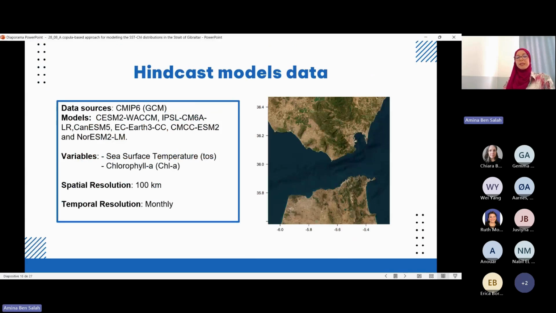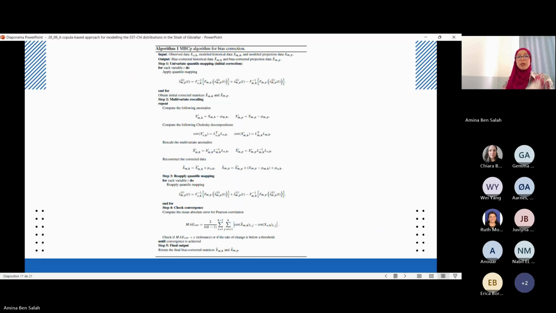Moving on to the second part, here we use six hindcast models to assess climate variability. Monthly SST and chlorophyll-a concentration were extracted at 1 degree resolution. The MBCp algorithm uses a two-step approach to correct biases in climate data.